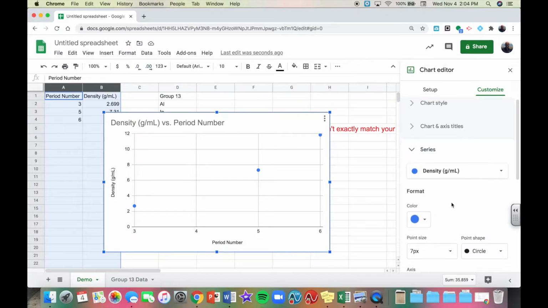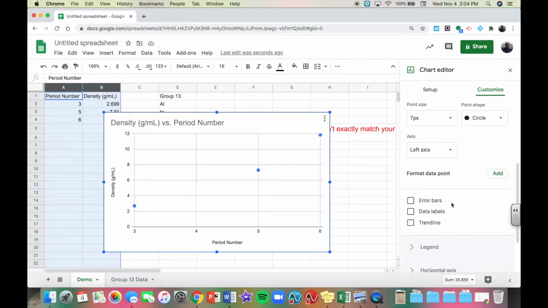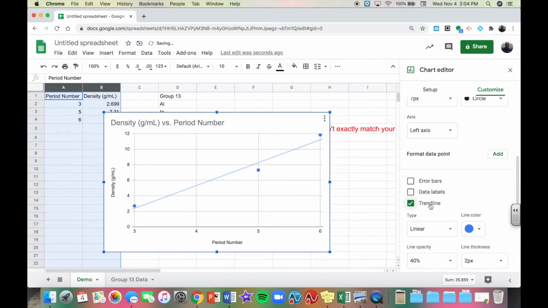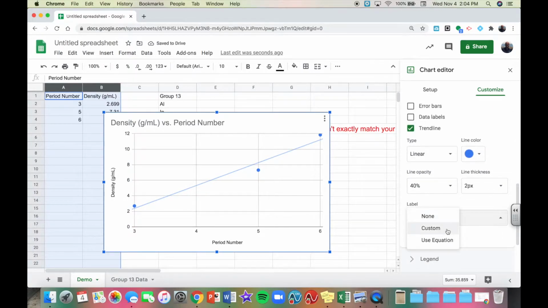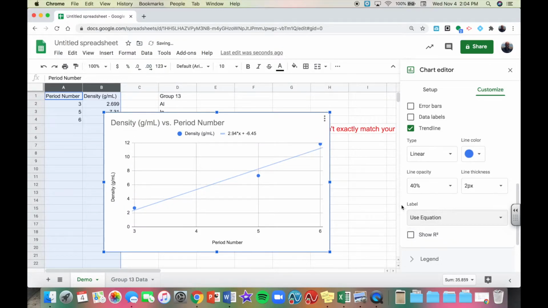In the series part, this is where you will add your trend line. So click on trend line, and then add a label. We want to use the equation here. It's plotting an equation, and this is the equation that you'll use to calculate the density of carbon and germanium.